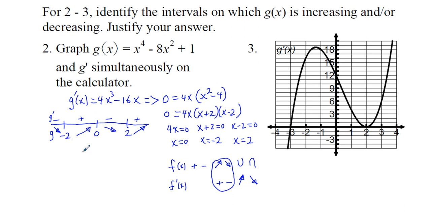And so we would say, g of x is increasing on -2 to 0 union 2 to infinity. And why is that? Because g prime of x is greater than 0.